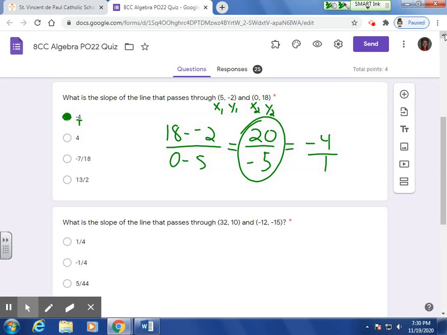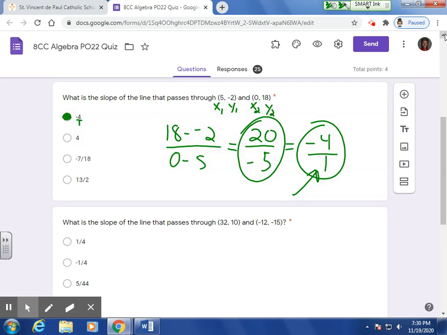If you gave me this on a test, that would be fine. Because even though -4 over 1 is just -4, because it is slope, identifying that the run is a positive 1 is not a horrible thing. It's in context of what slope is. And so I would accept either -4 or -4 over 1, but not 20 over -5.